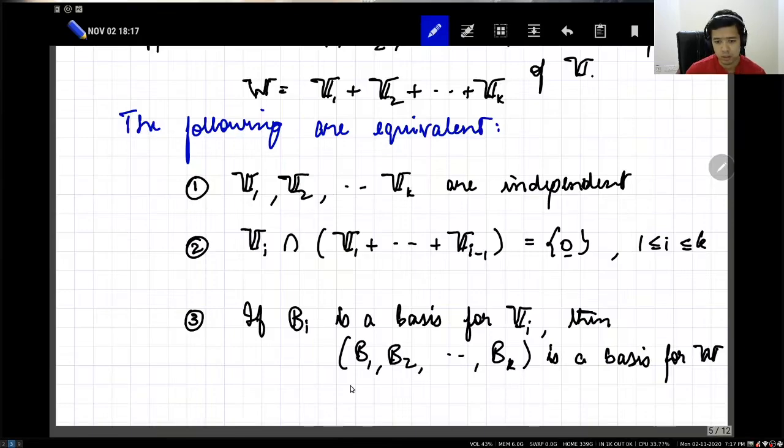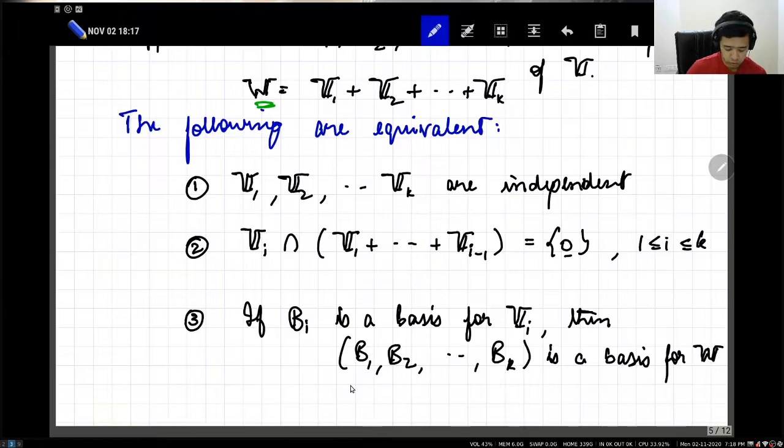Then the collection B1, B2, and so on up to Bk, so if I take all these basis vectors put together to form this set, then this set forms a basis for W, where this is how I define W. These are if and only if statements.